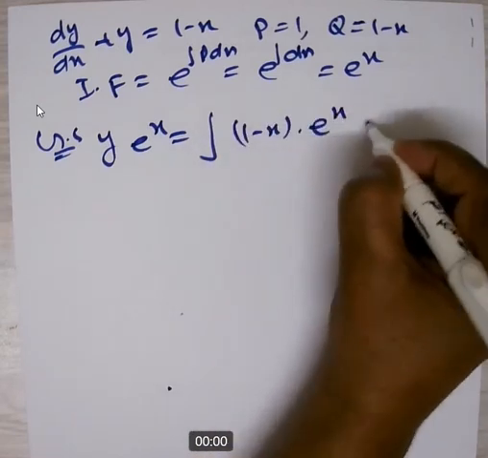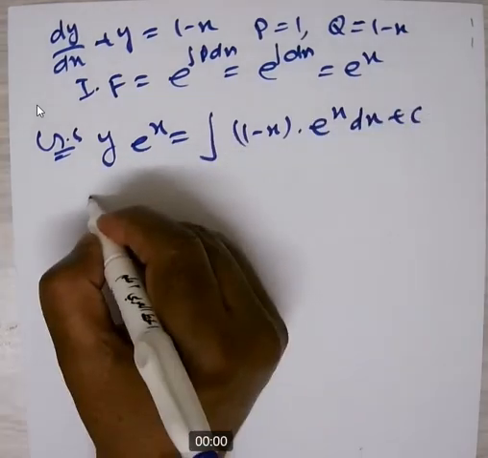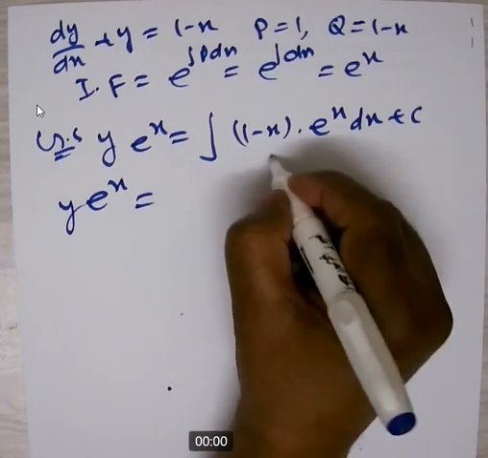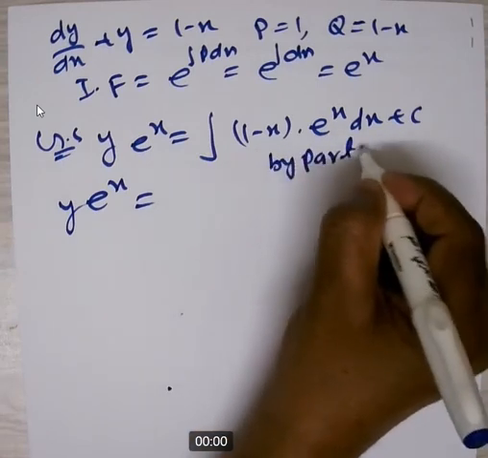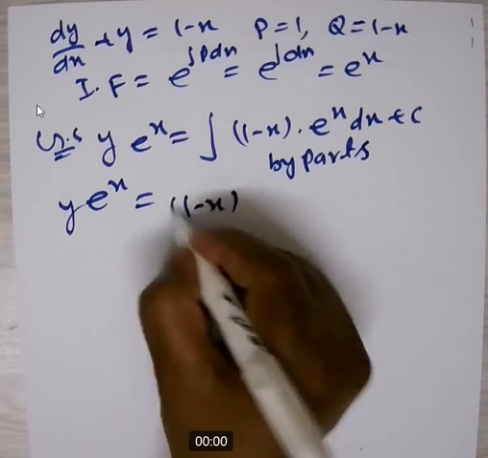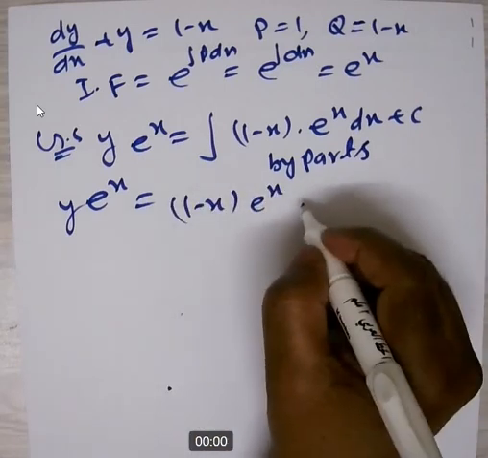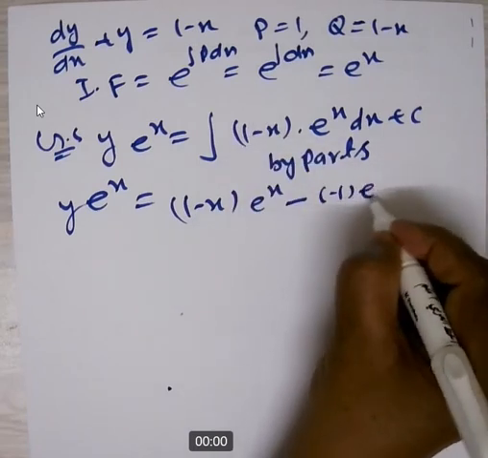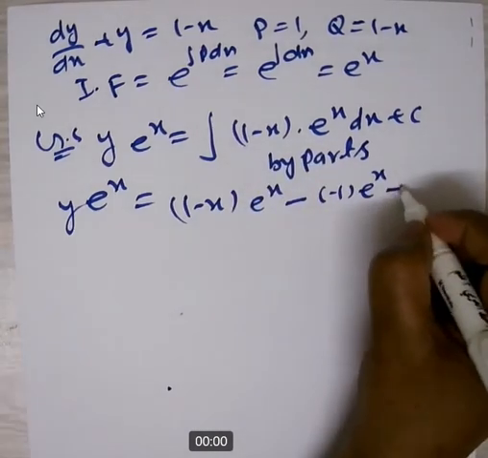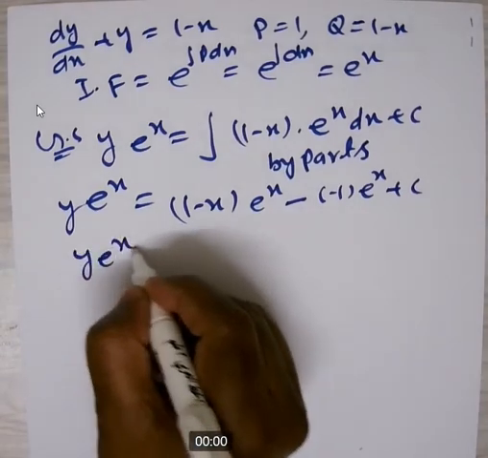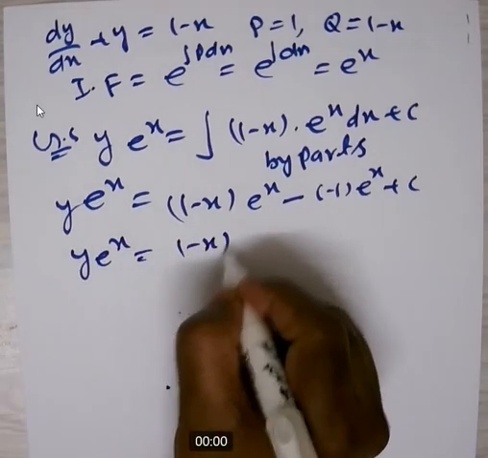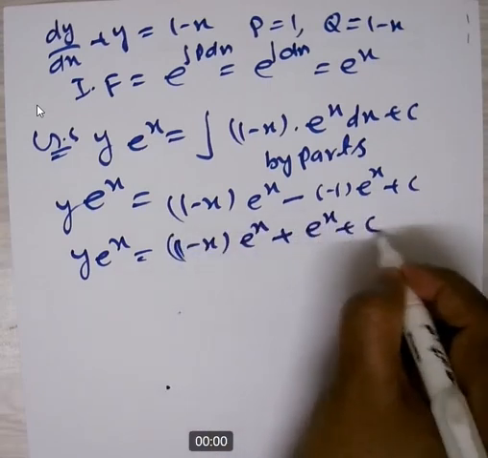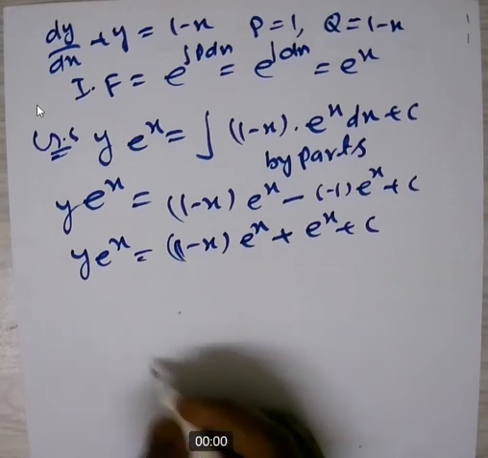Now simplified, e power x y equal to, just integrate by parts: 1 minus x times the integral of e power x, minus the derivative of 1 minus x, which is minus 1, times the integral of e power x again, plus c. So y e power x is equal to 1 minus x times e power x plus e power x plus c.